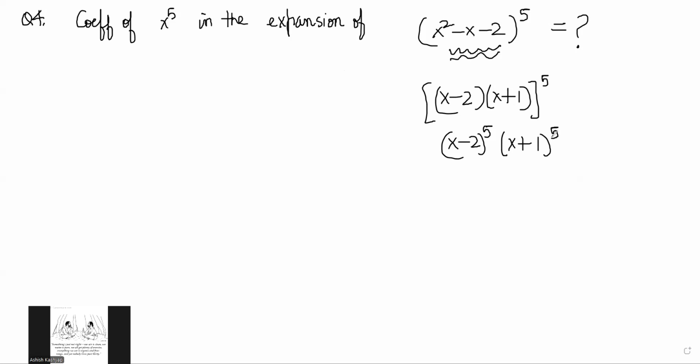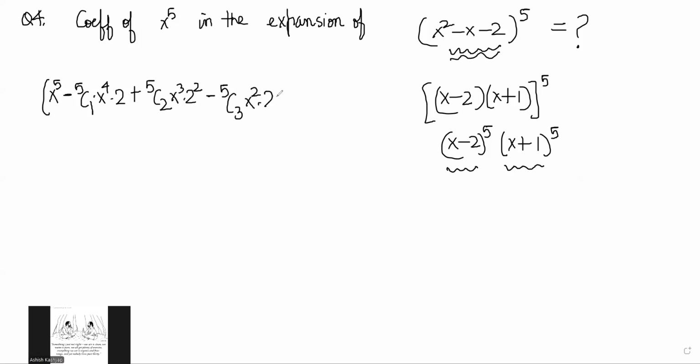And now what we have to do is figure out the coefficient of x power 5 here, right? So let's think about it. Both of these expansions will have x power 5 terms. So you will get something like this: x power 5 minus 5c1 x power 4 into 2 plus 5c2 x cube into 2 square minus 5c3 x square into 2 cube plus 5c4 x into 2 power 4 and minus 5c5 2 power 5.